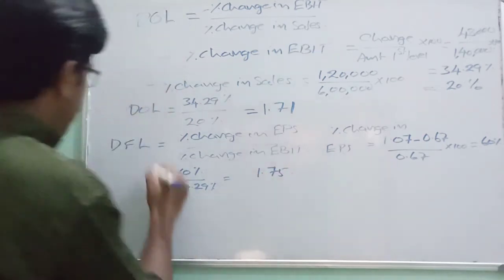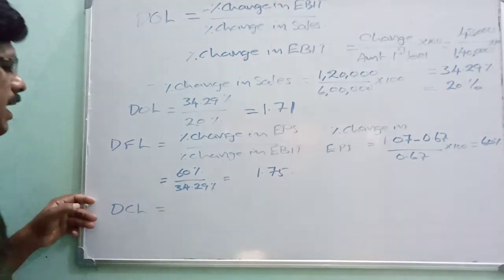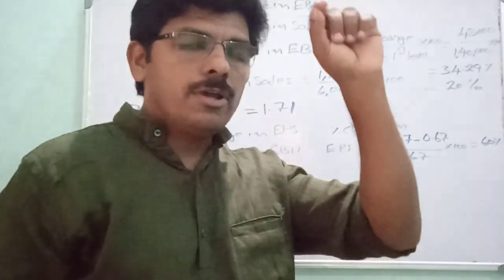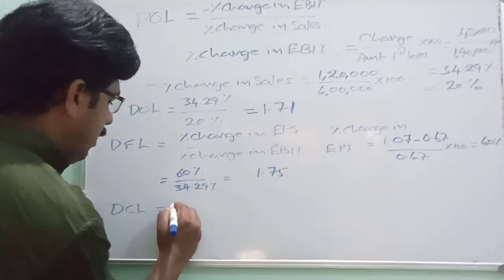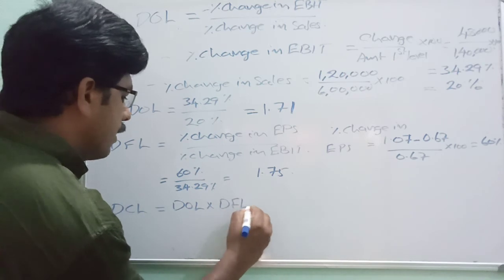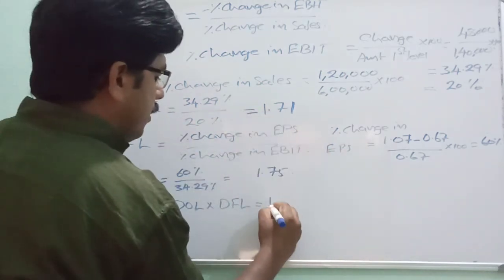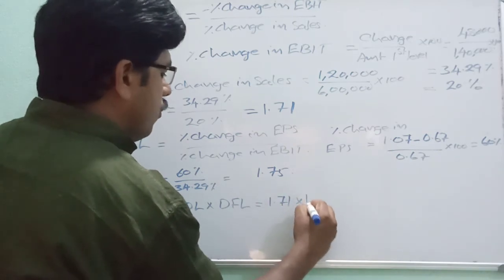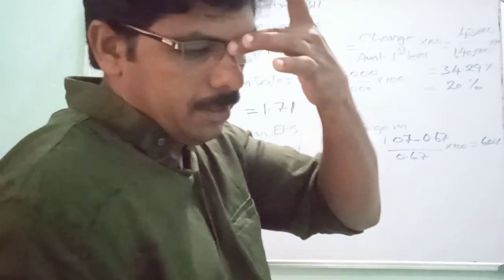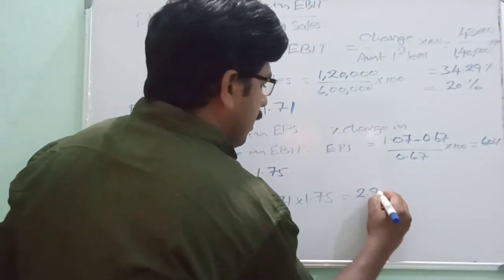And coming to the degree of combined leverage, DCL. DCL is equal to DOL into DFL, that is 1.71 into 1.75, which is equal to 2.99.